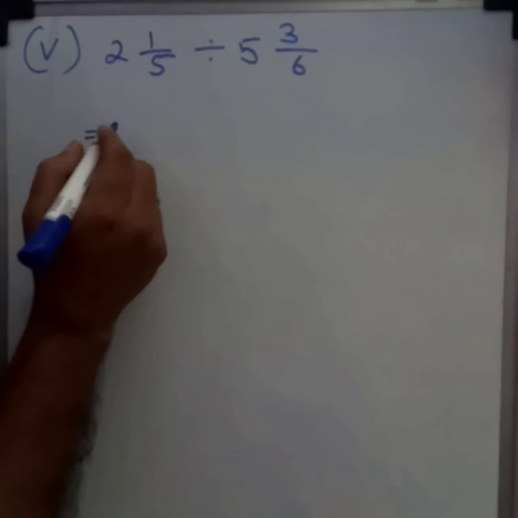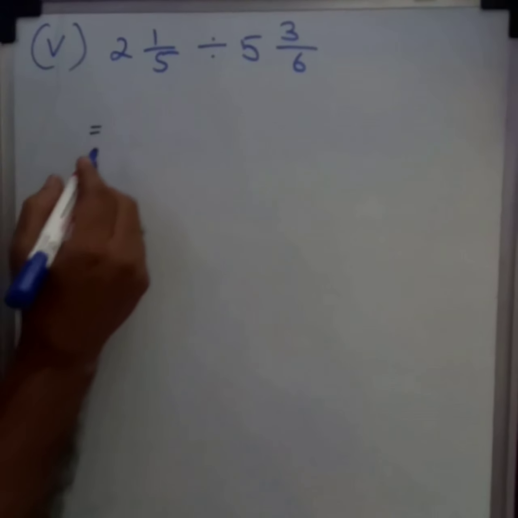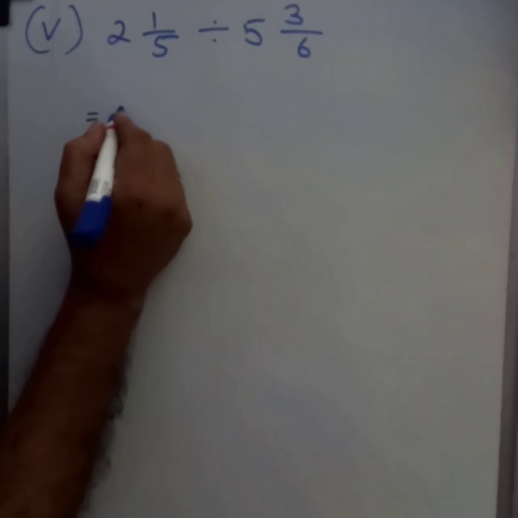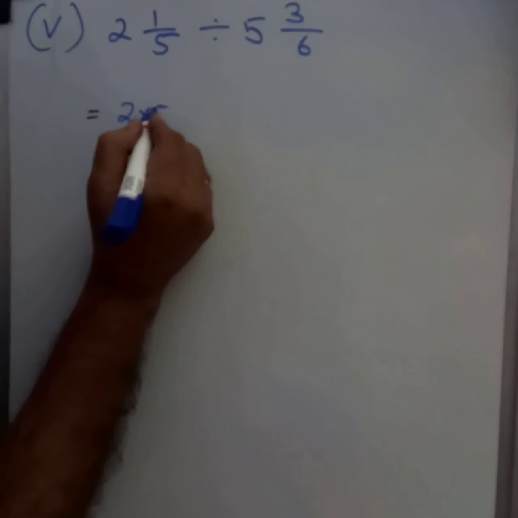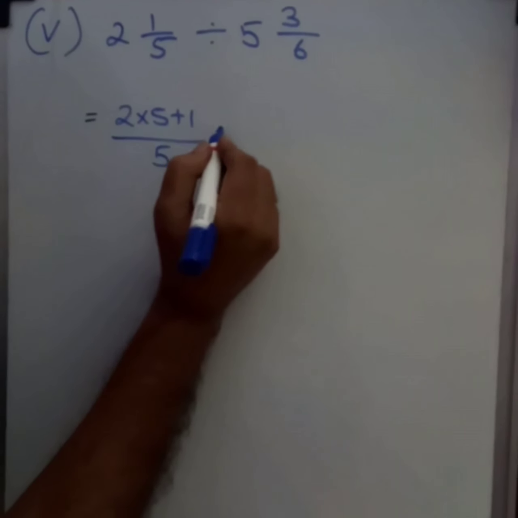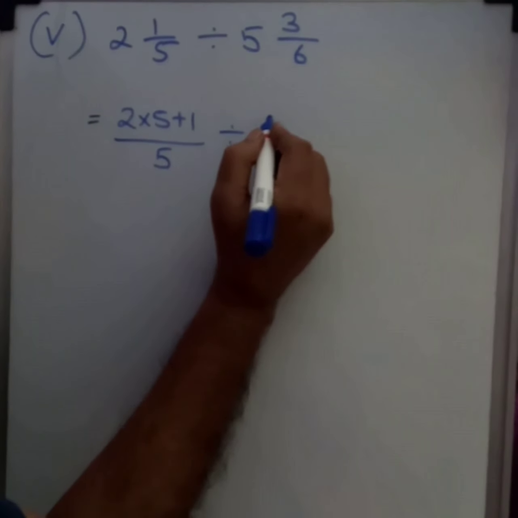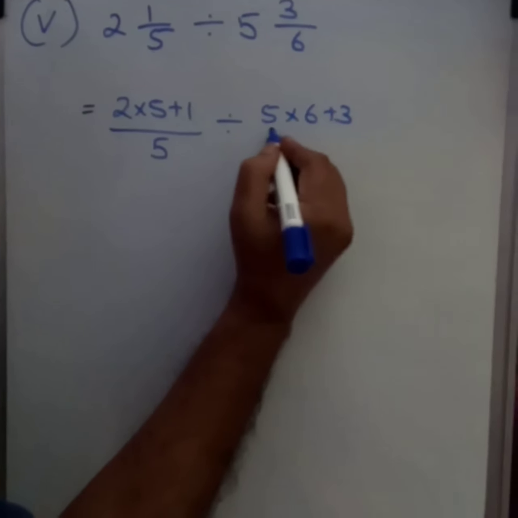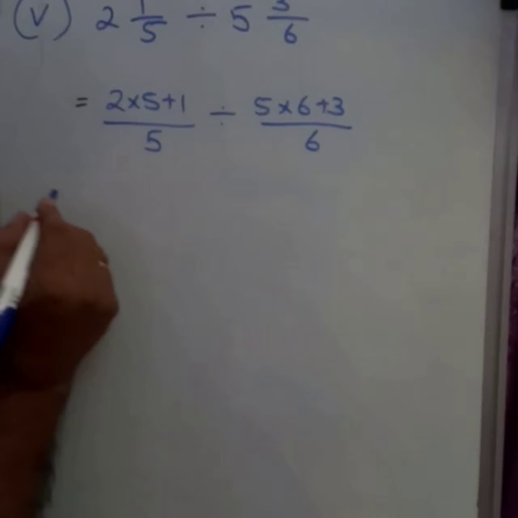Fifth sum. Here this sum is in a mixed fraction, so we'll convert it. So it is 2 into 5 plus 1 upon 5, 5 into 6 plus 3 upon 6.